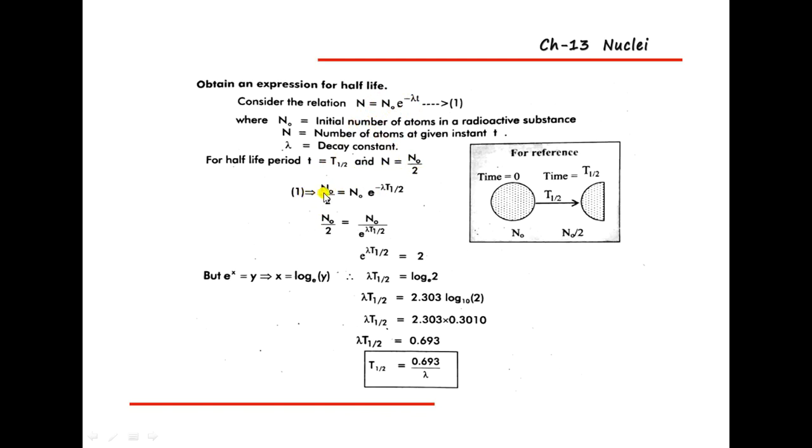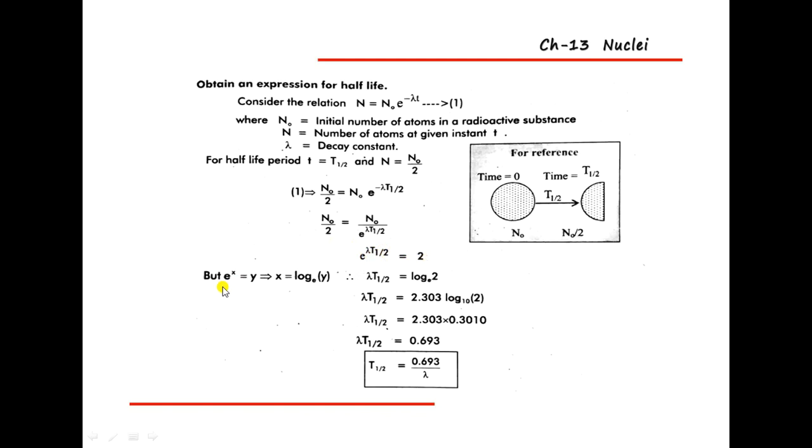Therefore equation 1 becomes N naught by 2 is equal to N naught e raised to minus lambda t half. So N naught by 2 is equal to N naught divided by e raised to lambda t half. N naught gets cancelled, and 1 by 2 is equal to 1 by e raised to lambda t half. By solving this you will get e raised to lambda t half is equal to 2.